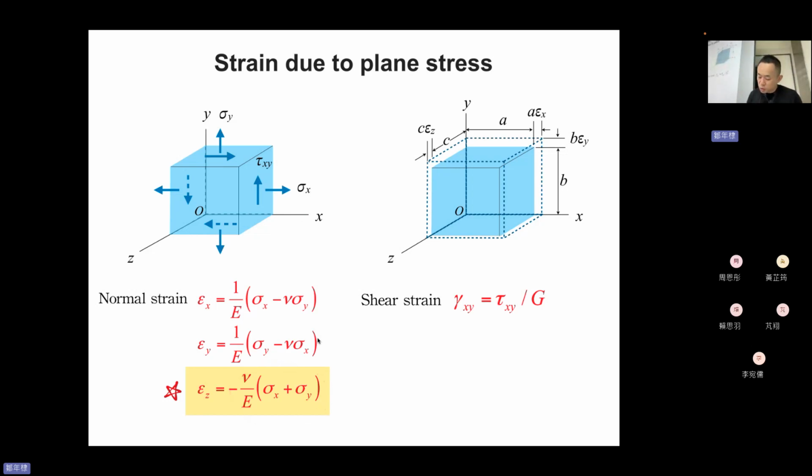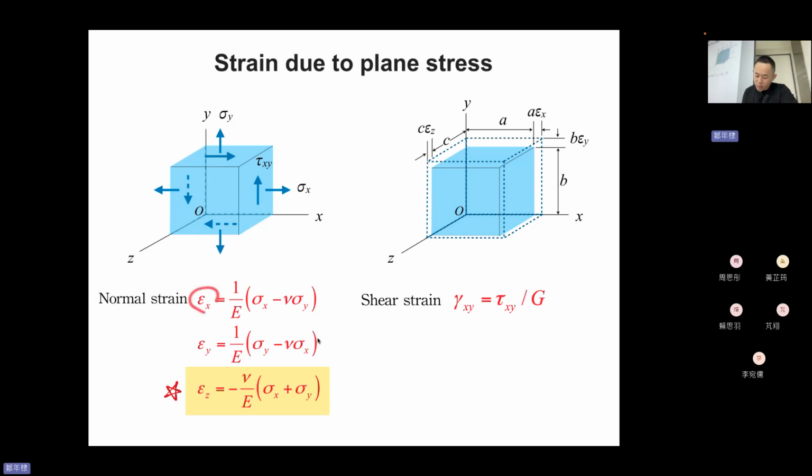The Poisson ratio effect is due to sigma x and sigma y. So you see epsilon z always shrinks in a plane stress problem, but it is non-zero. Be careful about this.